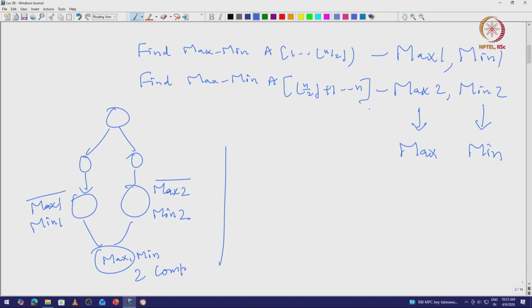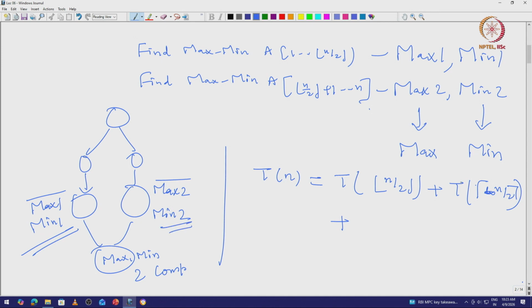Therefore the recurrence equation is T of n equals T of floor n by 2 for the max and min in the first half, plus T of ceil n by 2 for the max and min in the second half, and then 2 comparisons, plus 2.